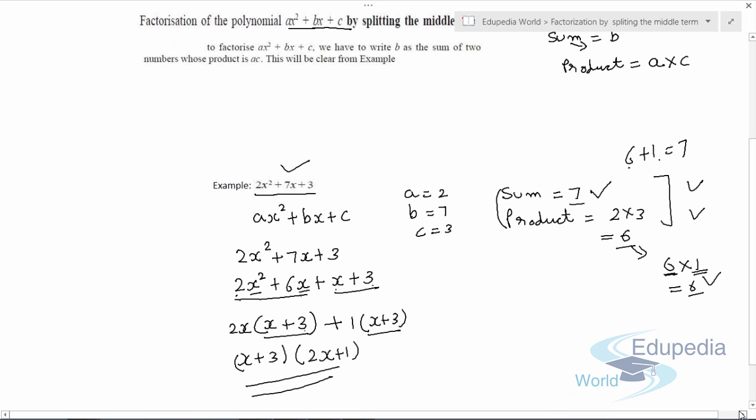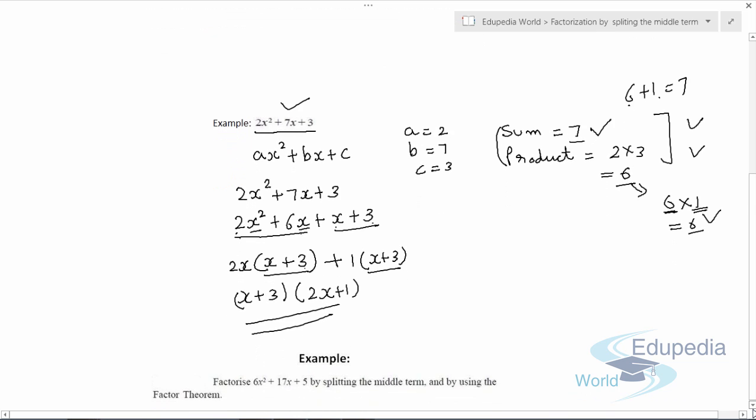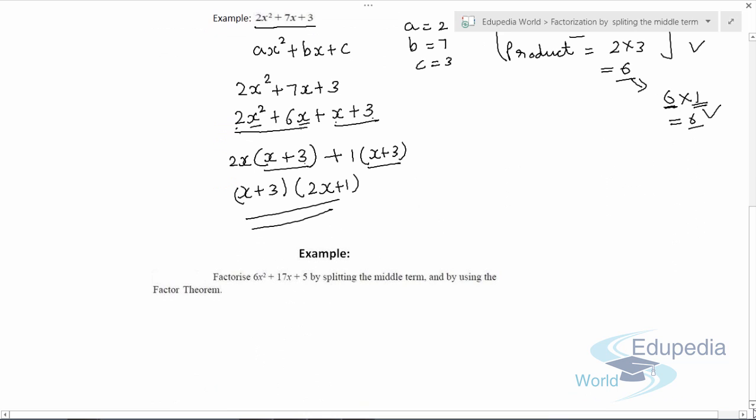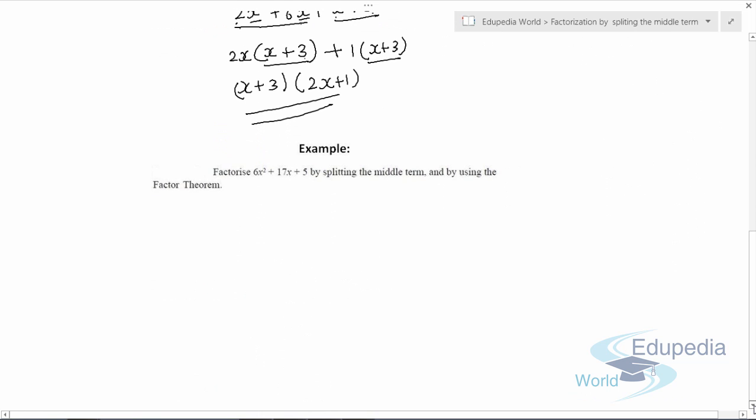Now let's discuss one more question regarding splitting the middle term and the factor theorem, so that you can get a better understanding. We have to factorize this polynomial by splitting the middle term and by using the factor theorem. First we'll use splitting the middle term.